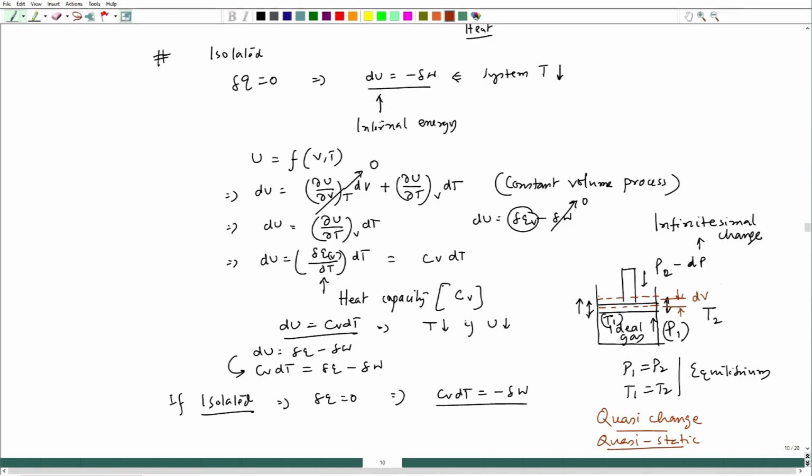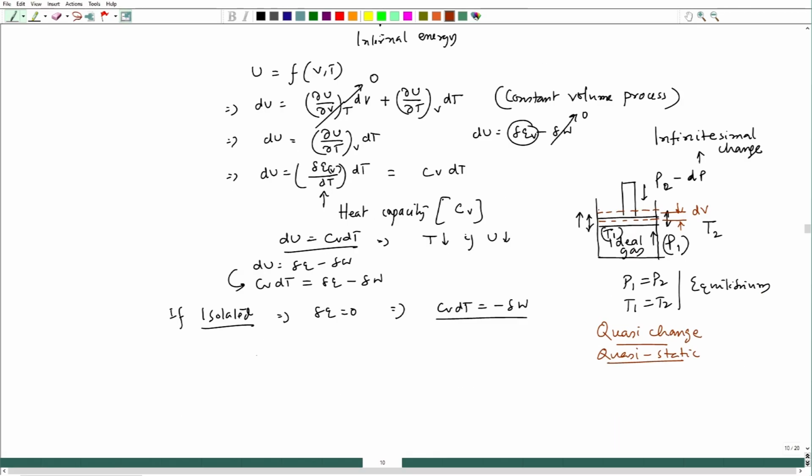So, if that is the case, the system feels that it is under rest. Then what will be the work component? Work component would be del W equal to (P minus dP) dV. Now if we expand it, P dV minus dP dV. Since dP is infinitesimal and dV is infinitesimal, that term becomes extremely small and we can ignore it. So finally it comes out to be P dV.